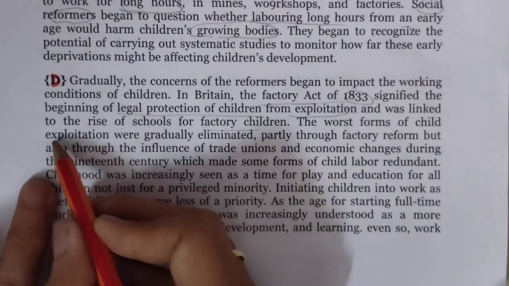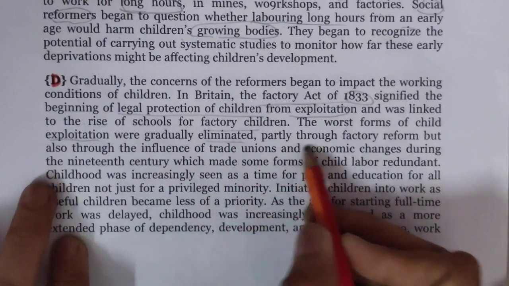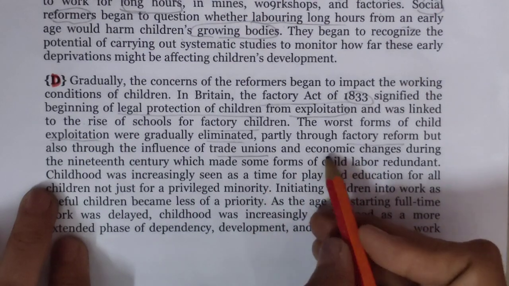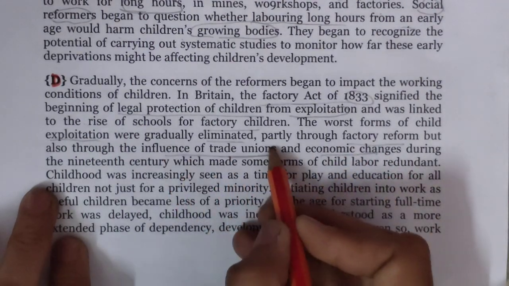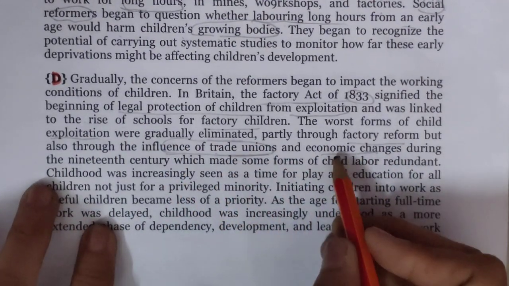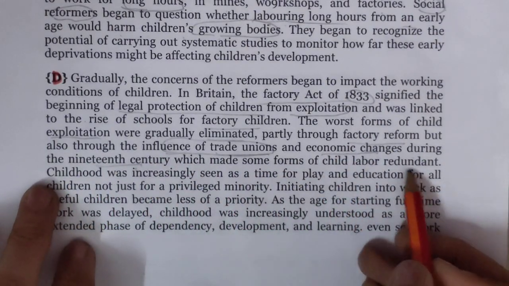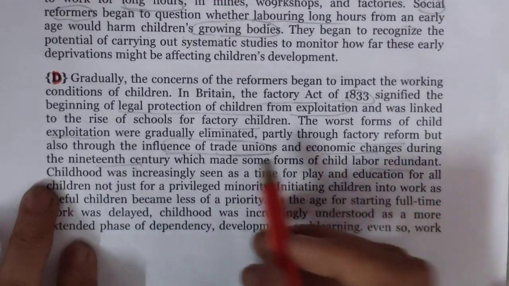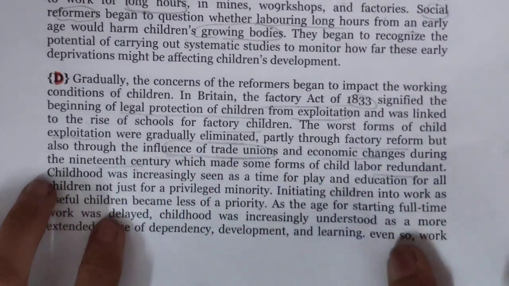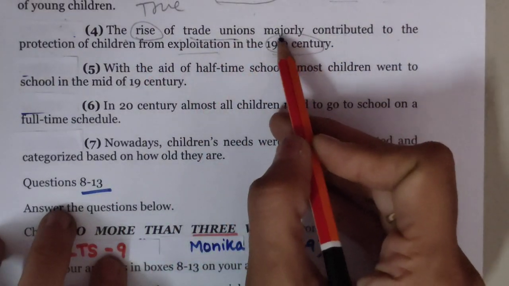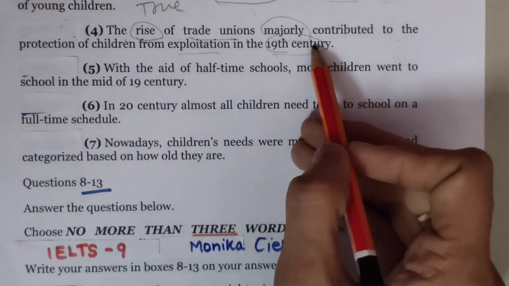The worst forms of child exploitation were gradually eliminated, partly through factory reform, but also through the influence of trade unions. Okay, influence of trade unions is also given.